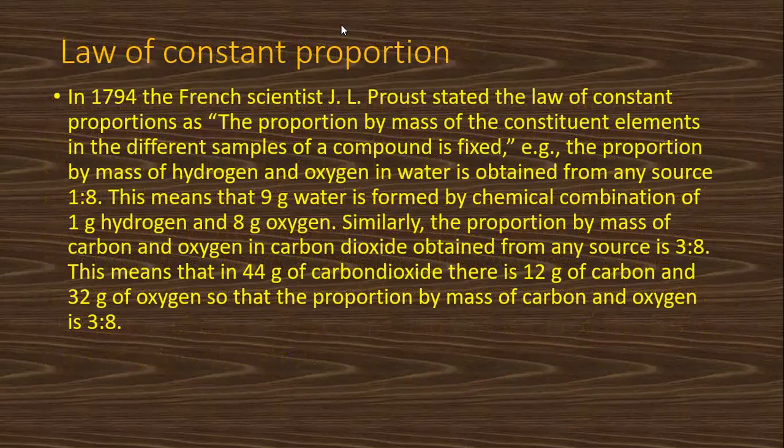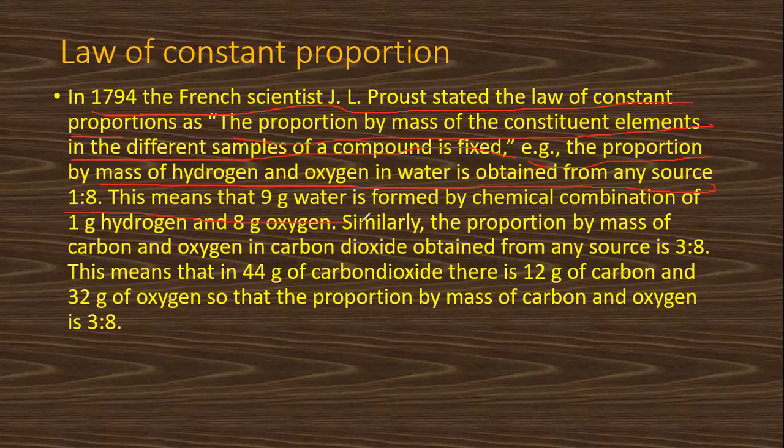Now the law of constant proportions. In 1794, the French scientist J.L. Proust stated the law of constant proportions: the proportion by mass of the constituent elements in different samples of a compound is fixed. For example, the proportion of mass of hydrogen and oxygen in water obtained from any source is 1 to 8.